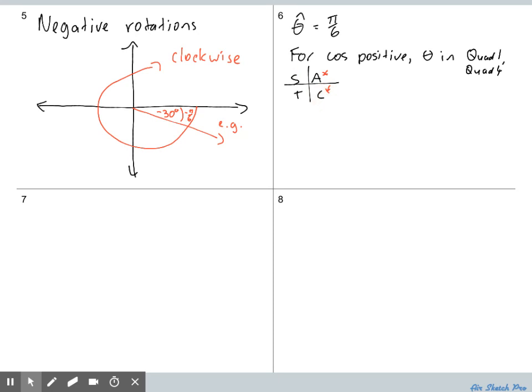So what would the angle in quadrant 4 be? It would be 0, and I have to create a pi on 6 angle here. So pi on 6 in here would be 0 minus pi on 6. Okay, so theta is equal to 0 minus pi on 6, which equals negative pi on 6, or theta is equal to.